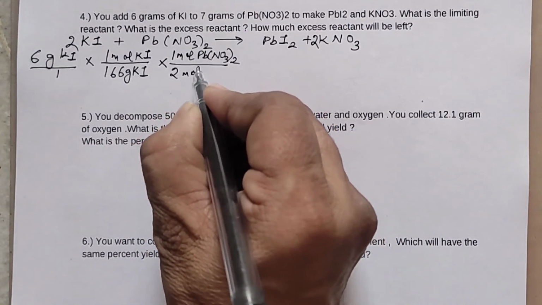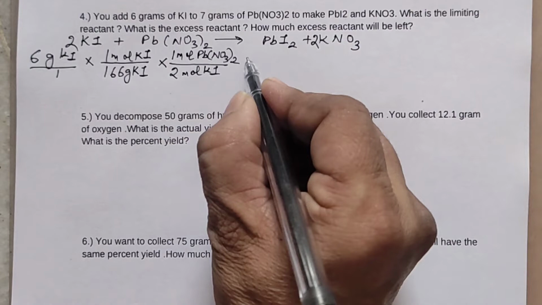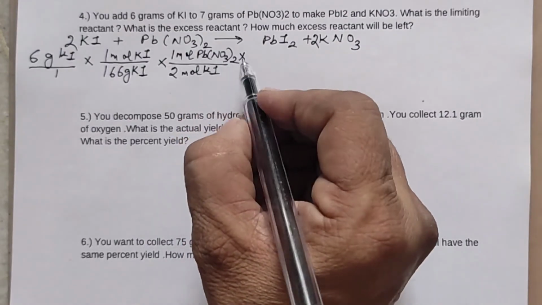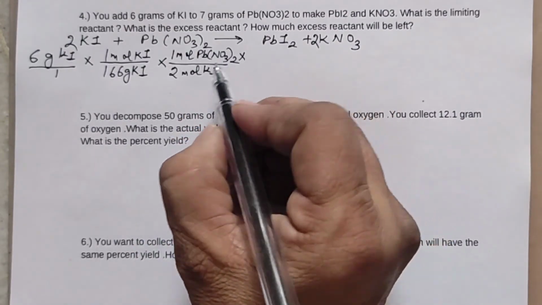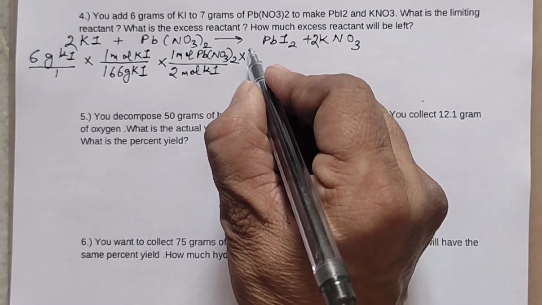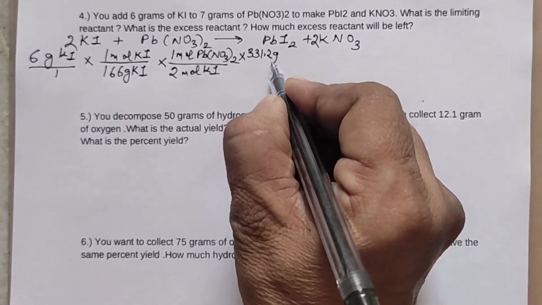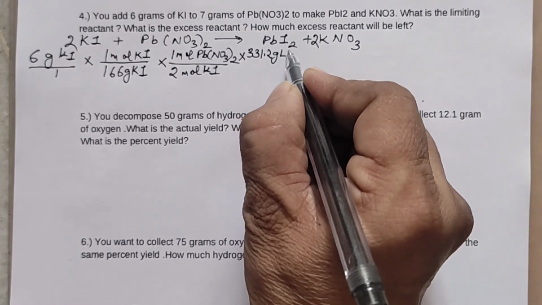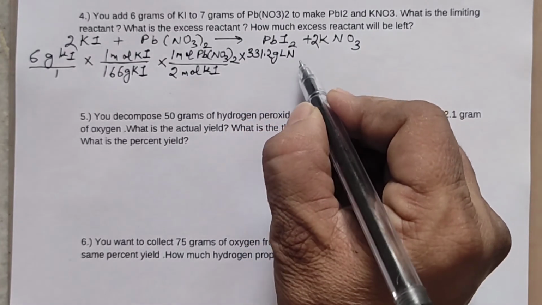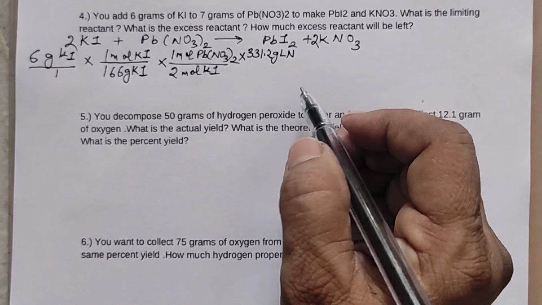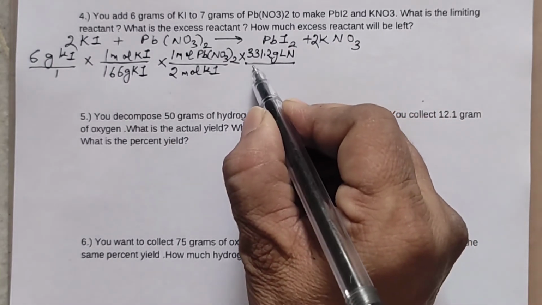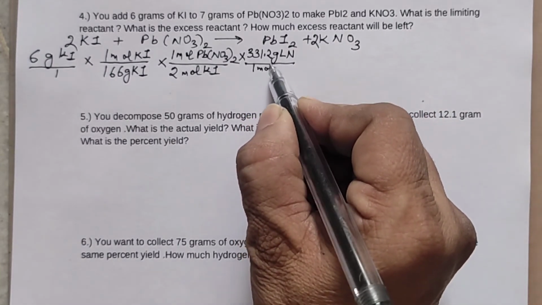So that is 2 moles of potassium iodide. And then how much mass of lead nitrate? That means we need the molar mass. Lead nitrate molar mass is 331.2 grams. So this much gram of lead nitrate, I'm just writing LN for lead nitrate because of lack of space, divided by 1 mole of lead nitrate.